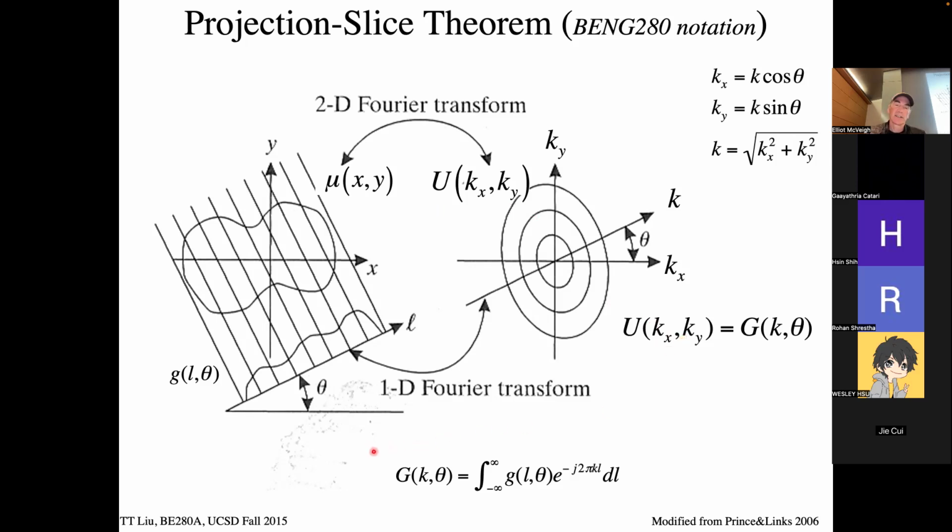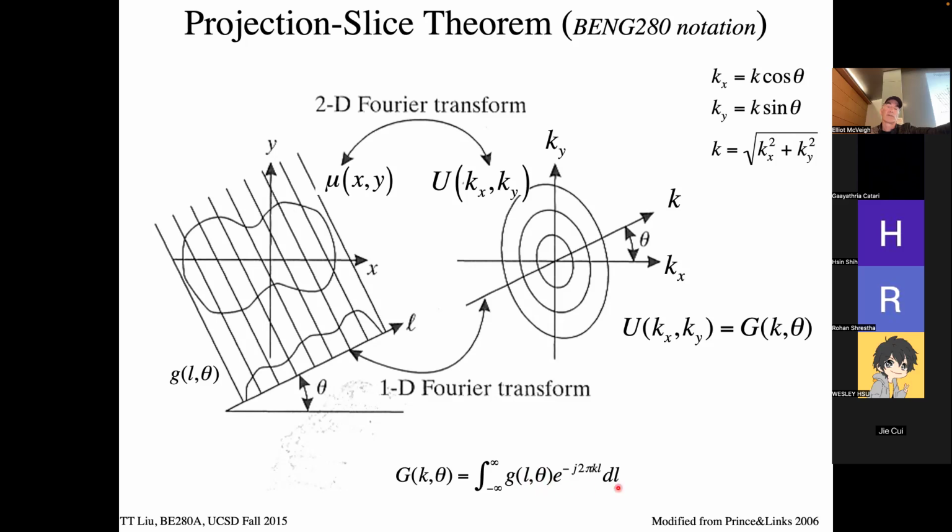This is the projection slice theorem written as algebra. Here's our data, g(L, theta). This is one projection, a set of samples along our sampling grid. We take the Fourier transform of that as a function of L, so theta doesn't change. It's just a parameter.